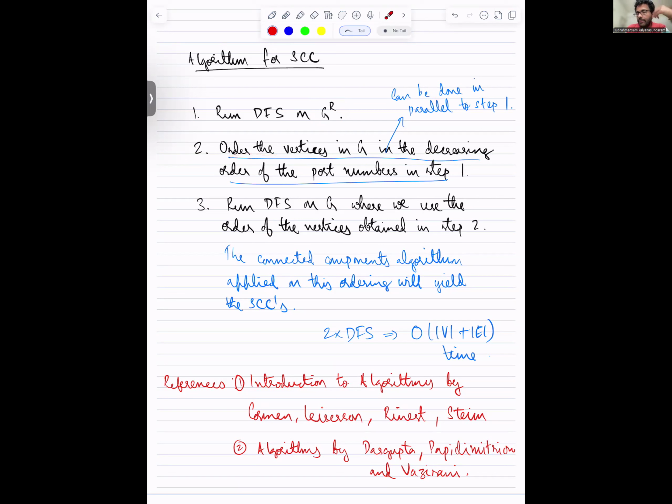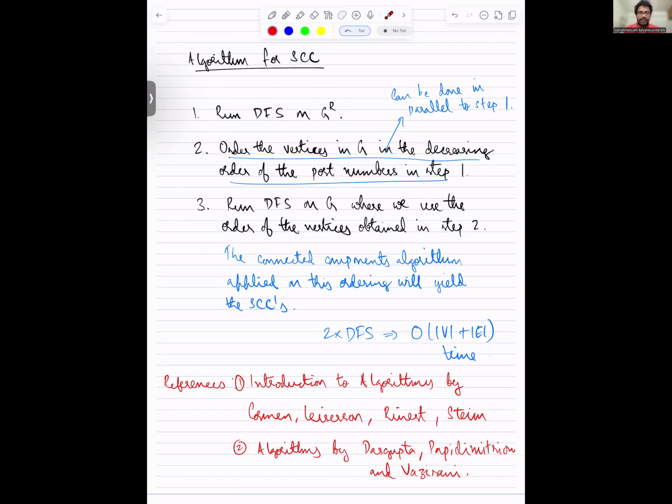The first vertex that you exit will have the lowest post number, and that vertex you store in the rightmost end of the array, and then you start filling up that array from right to left. So you don't really end up spending extra time. Is it clear what I'm saying? Yes, okay. Yeah, so we don't really end up spending any extra time here.